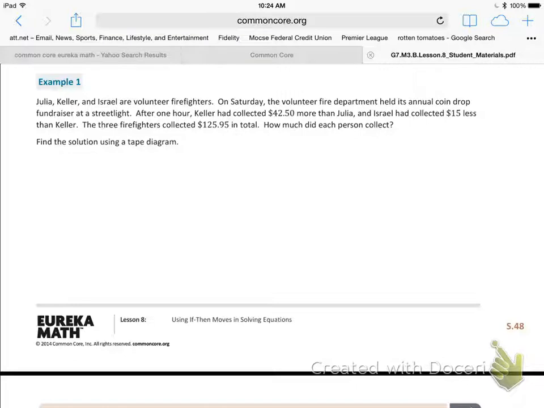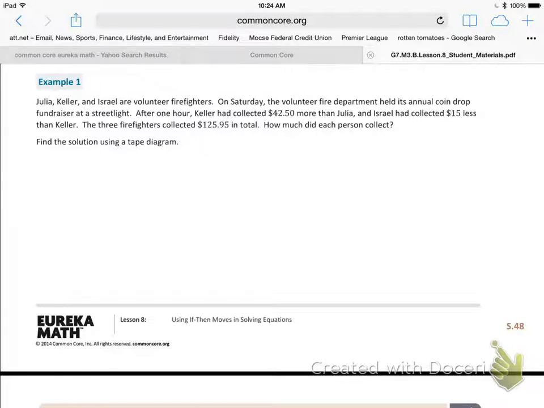Okay, so here is our example 1. Let me go ahead and read this out for you. Julia, Keller and Israel are volunteer firefighters. On Saturday, the volunteer fire department held its annual coin drop fundraiser at a streetlight.